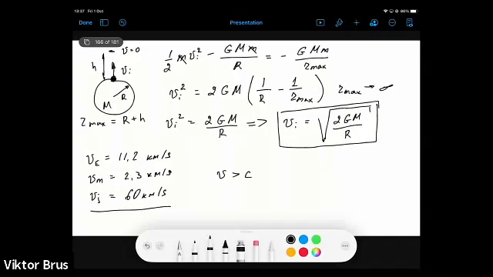And since we cannot transfer any signal with a higher speed than the speed of light, a universal constant, the highest possible speed of transferring any signals, including photons, quanta of light.